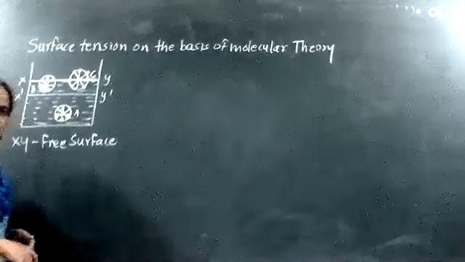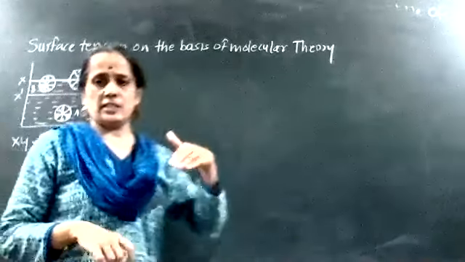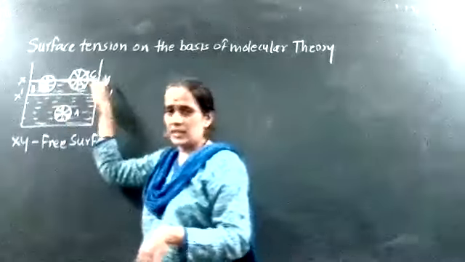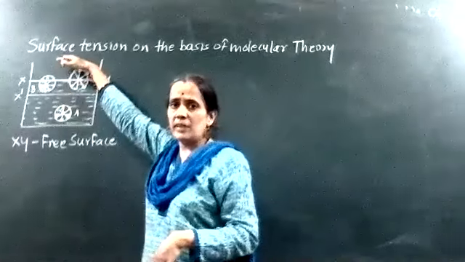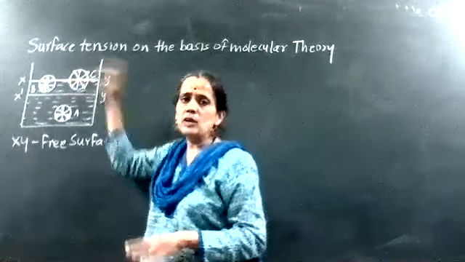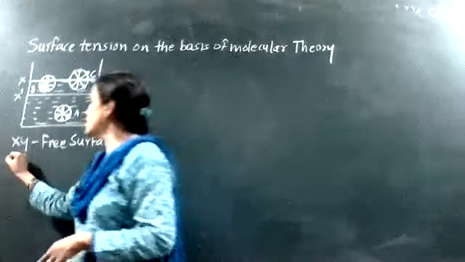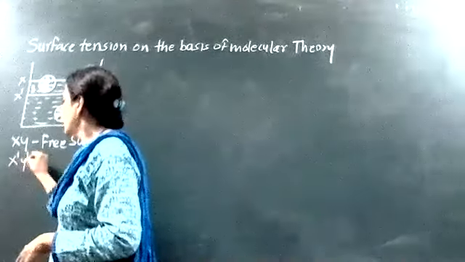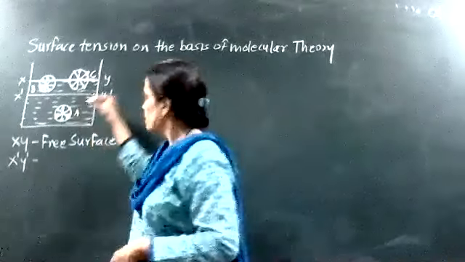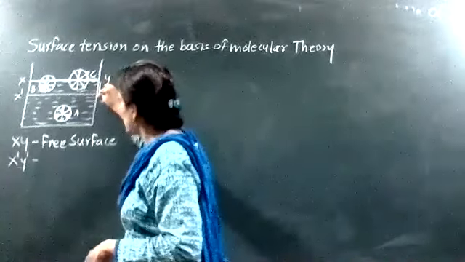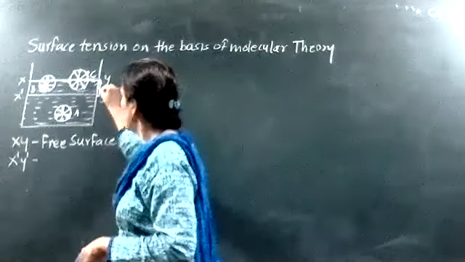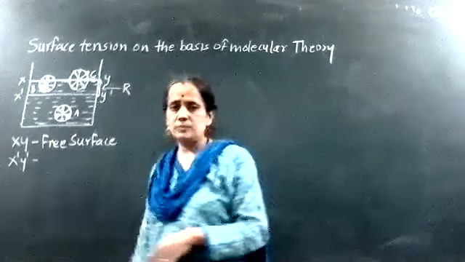Now, free surface means it is the interface. The XY surface is the interface between the air medium and the water medium. Clear? Then this X dash Y dash surface is approximately at a distance of the intermolecular range.